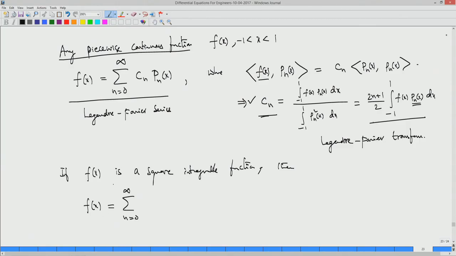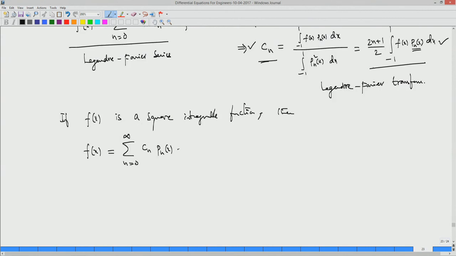For the sake of example, I can do it in this case, the Legendre Fourier series. I can write Pn(x) where the Cn's are the same here, but the convergence here is not pointwise convergence.